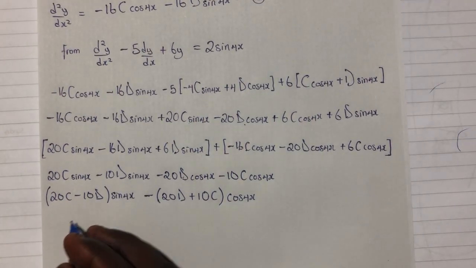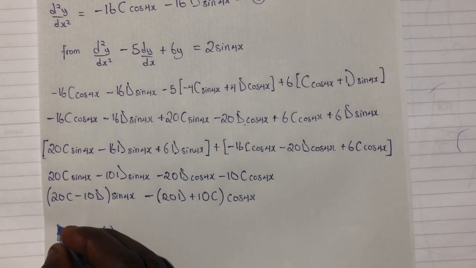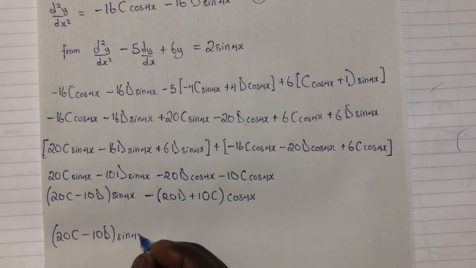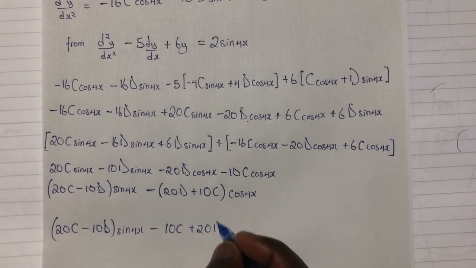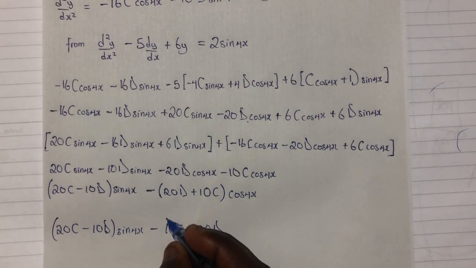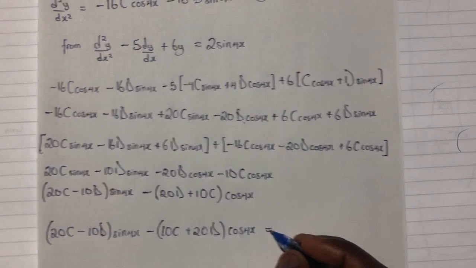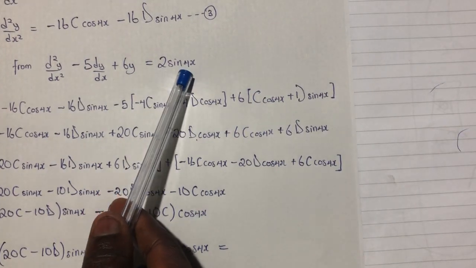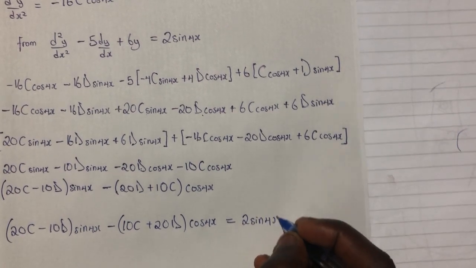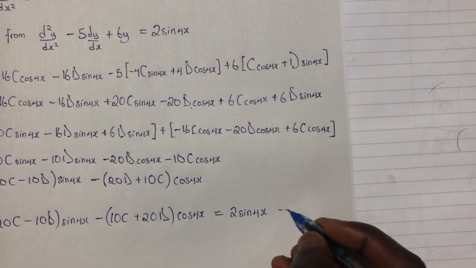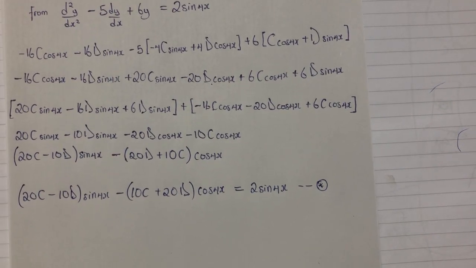So now I am getting 20c minus 10d sine 4x minus 10c plus 20d, I just want to write the c first before the d, cos 4x equal to 2 sine 4x. So now let me name this one equation star. It is very simple now for us to solve.